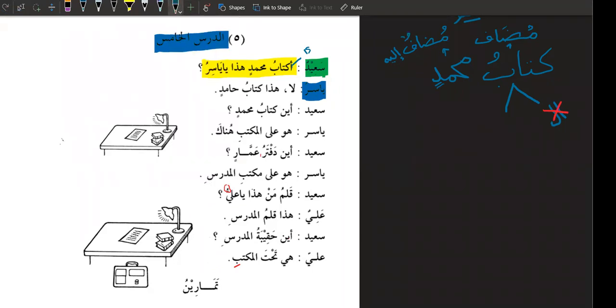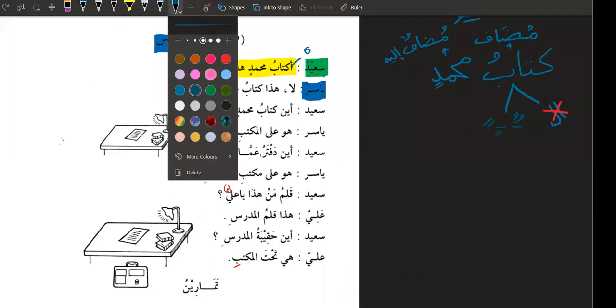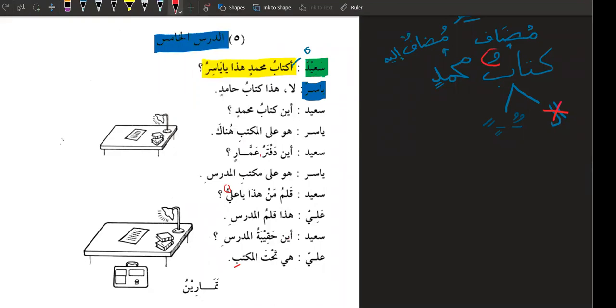The second rule is that it never has tanween. And tanween, as we mentioned, is two kasras, two fathas, or two dhammas. So if you notice, it only has one dhamma.